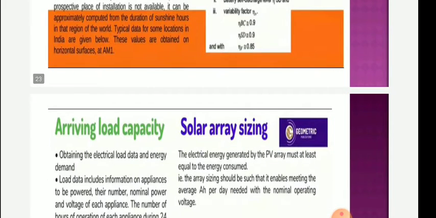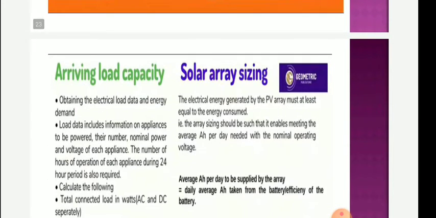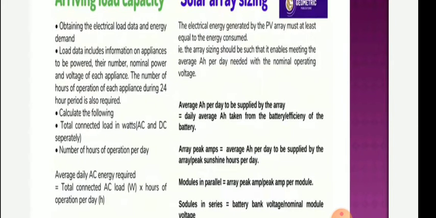First we have to arrive at the loading capacity, then with that we calculate the AC or DC load separately, then we decide the array sizing, that is, how many solar arrays are to be put into the panels.